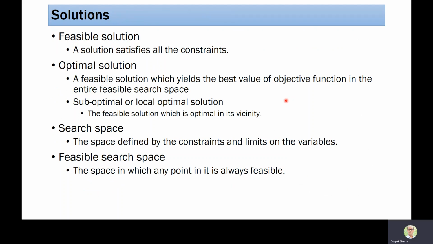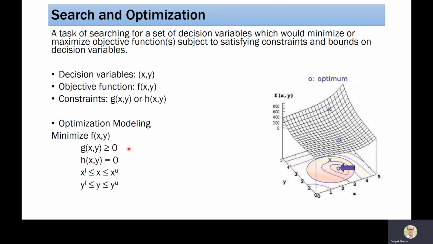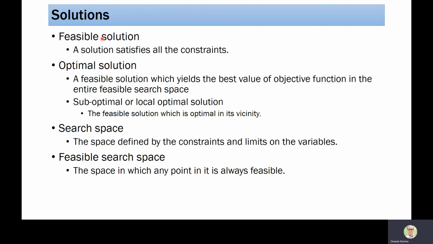Now, when we are talking about solutions, there are different kinds of solutions available. First is called a feasible solution. A feasible solution is the one which satisfies all the constraints. If I go back, we have the G constraint, we have the H constraint, and we can have many constraints. If a solution, the value of X and Y, satisfies all the constraints, that particular solution is said to be a feasible solution. Now, what is an optimum solution?